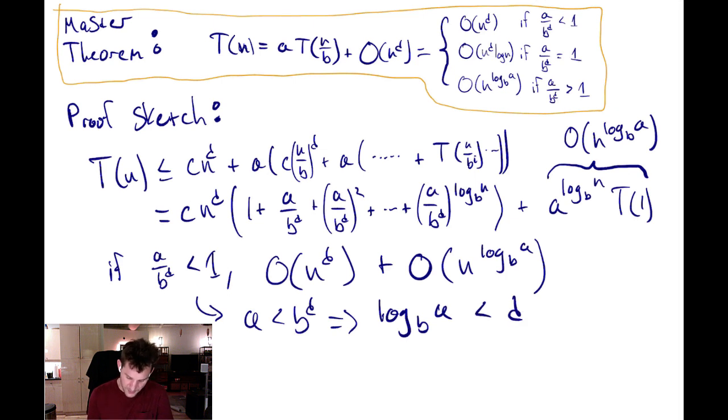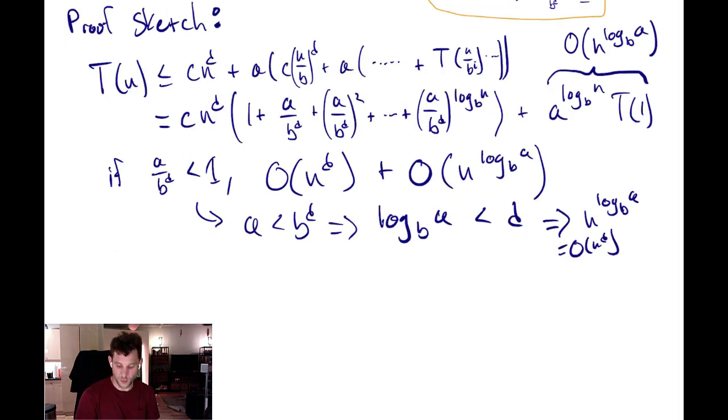And if that's true, that means that n to the log base b of a is equal to O of n to the d. It has to be less than n to the d because the exponents are smaller. d is a larger exponent than log base b of a. So n to the log base b of a is swallowed by the O of n to the d term. In other words, this whole thing is equal to O of n to the d.